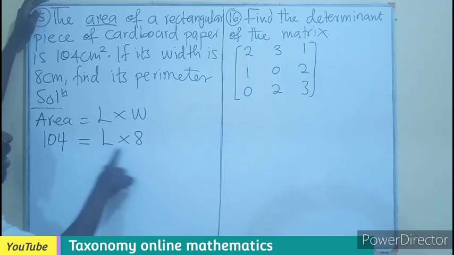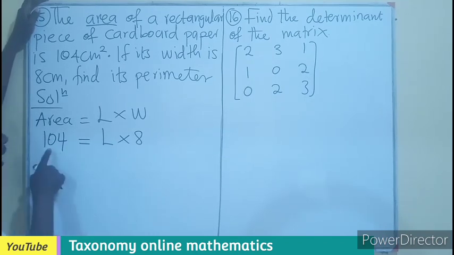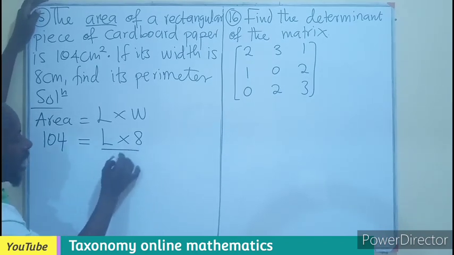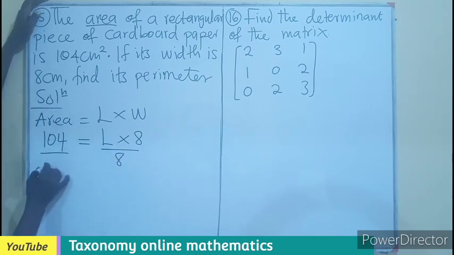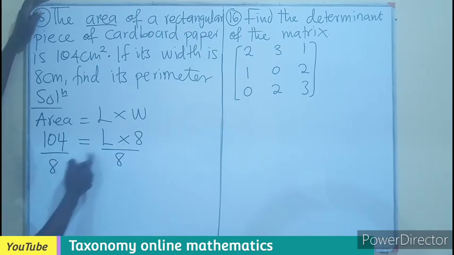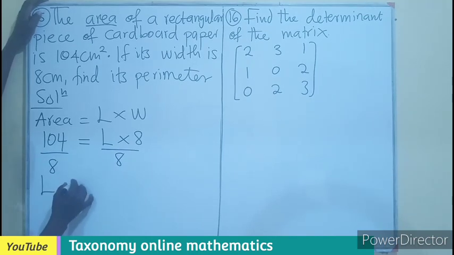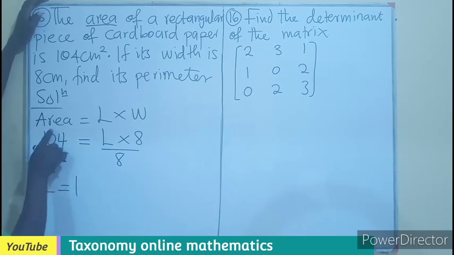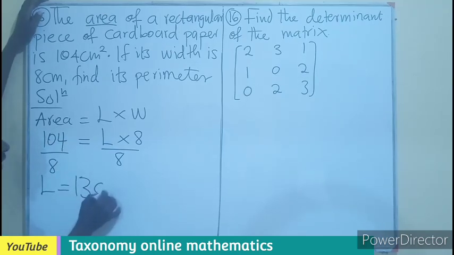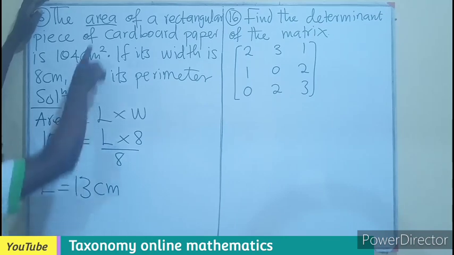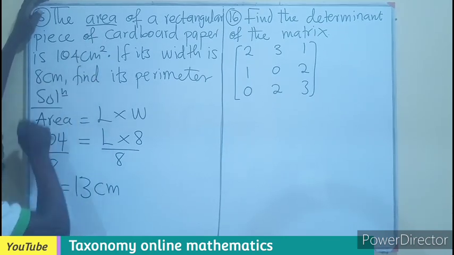We divide by the 8 in order to get the L. So here divided by 8, here divided by what? 8. So it means the L is going to be this, 13 centimeter for the length from the area.